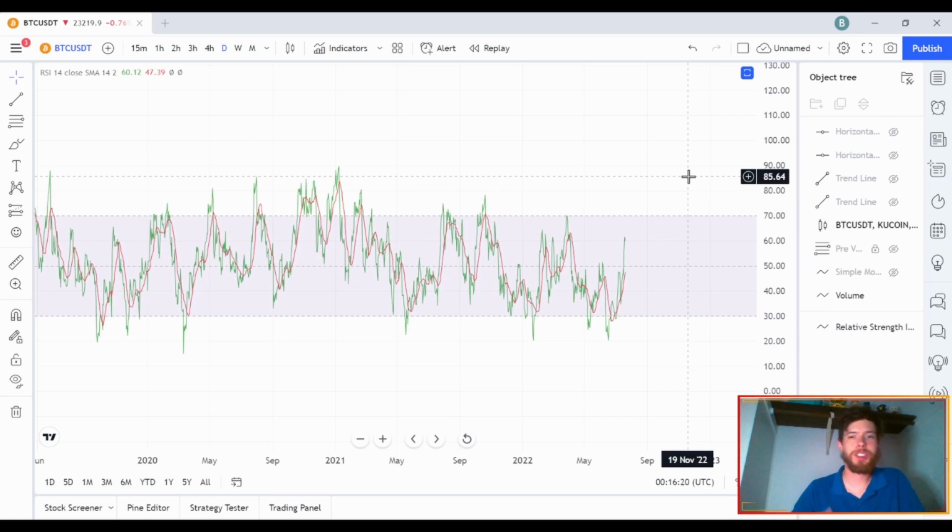When you cross over the 50, it typically means that you could see some price action upwards, and that you could have a bit of a rally or a continued rally. Kind of depends on how everything else is looking at the time. Just remember, you never want to take only one indicator. You want to use multiple indicators, all in confluence, to come up with your idea.